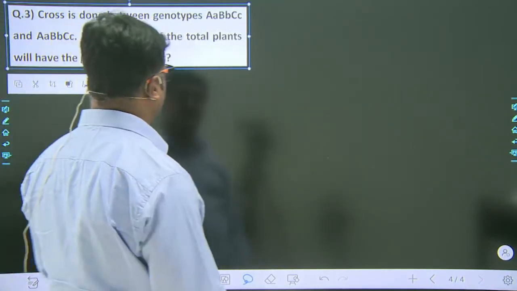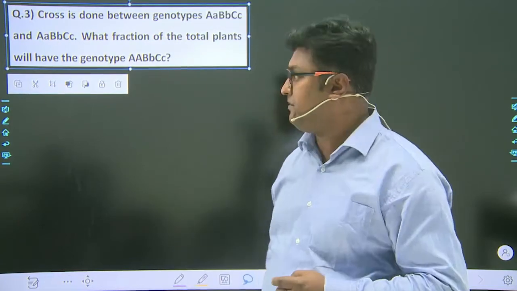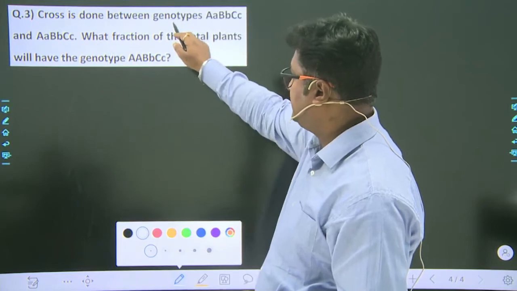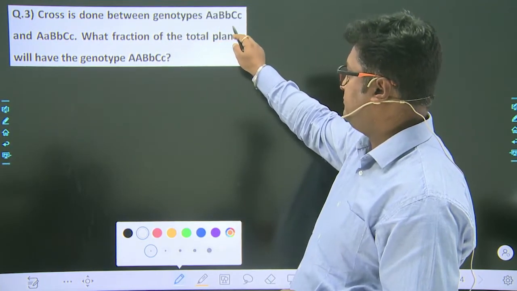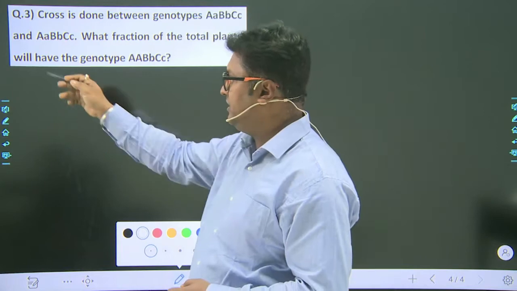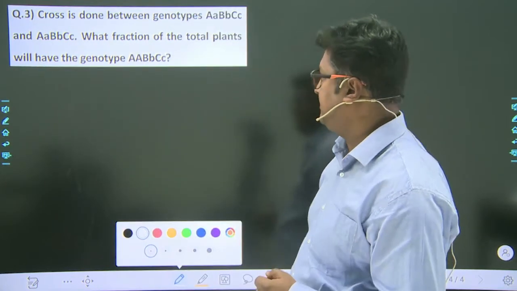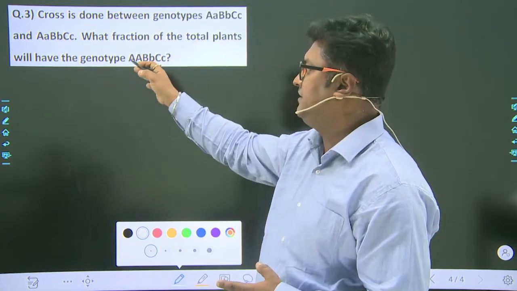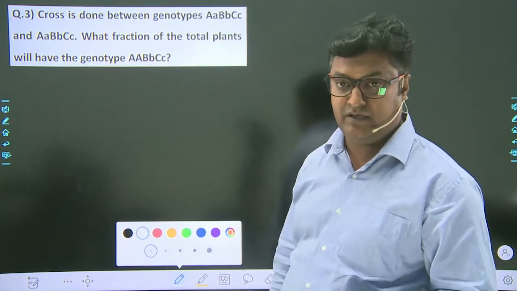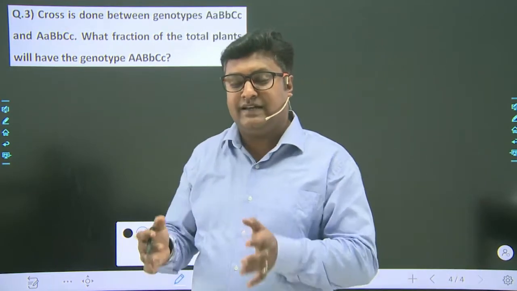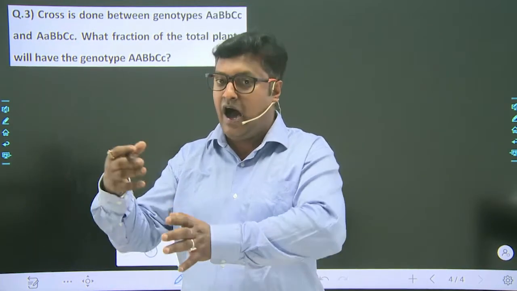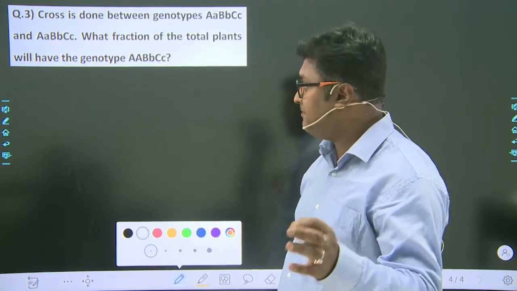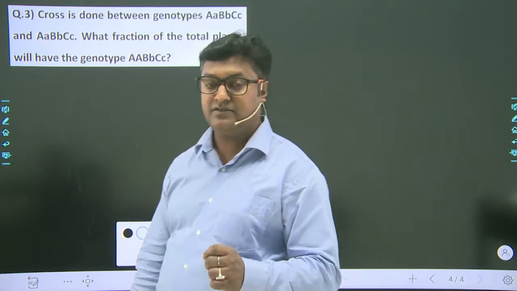Here, a cross has been done between two types of genotypes. One genotype is capital A small a, capital B small b, capital C small c, and along with it the same kind of self-pollination is happening over here. What fraction of the total plants will have the genotype capital A small a, capital B small b, capital C small c? You have to find out, out of the total plants, how many plants will have the genotype capital A, capital B, small b, and capital C, small c.